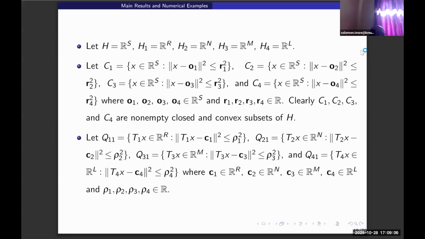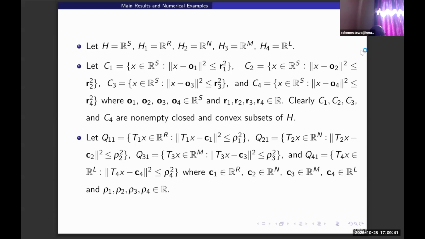And this is a numerical experiment where we consider H1, H2, H3, H4, and we consider C1, C2, C3, and C4, in a finite dimensional space. In our work we consider infinite dimensional spaces, but here we consider the finite dimensional case, where C1, C2, C3, C4 are closed convex subsets. Similarly, we consider also H1, Q11, Q21, Q23, Q31, Q41, and so on.